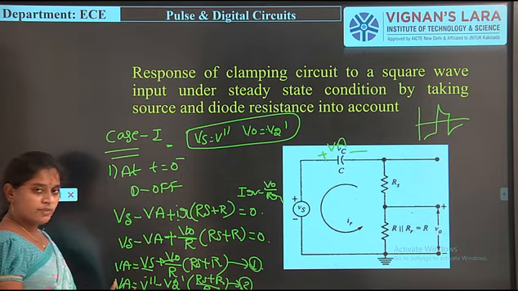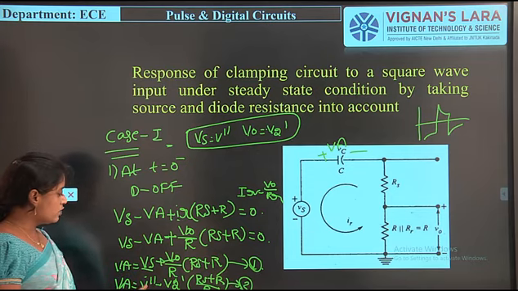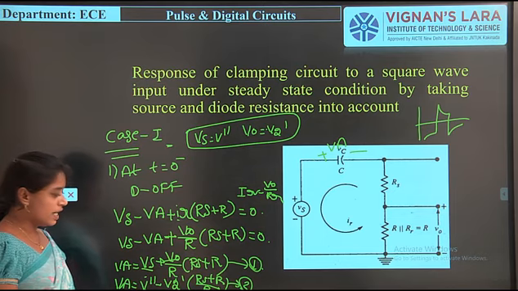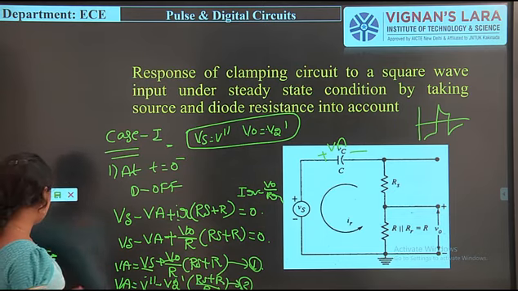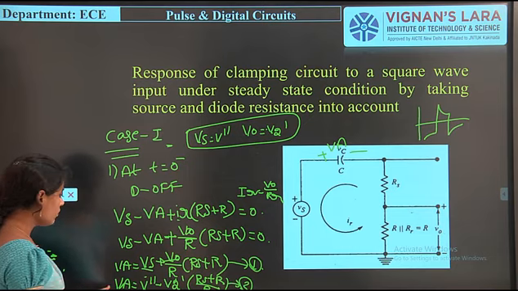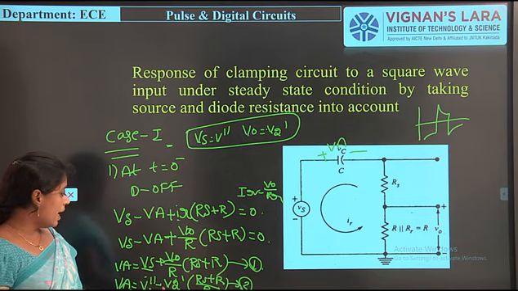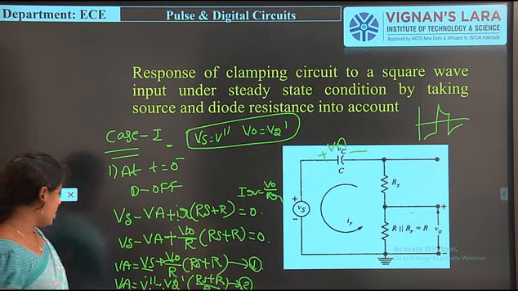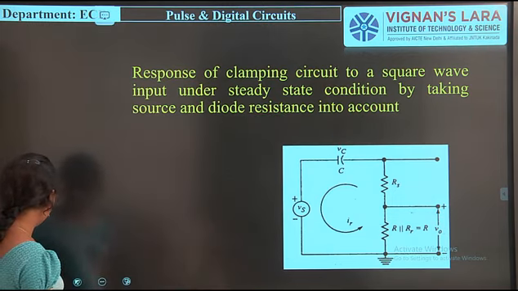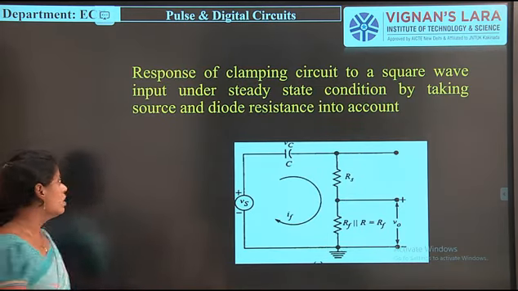Simply we can say that Va, the voltage across this capacitor during the diode off condition, is V double dash minus V2 dash into Rs plus R by R. So again we observe that Va is equal to V double dash minus V2 dash into Rs plus R by R. That is the condition.